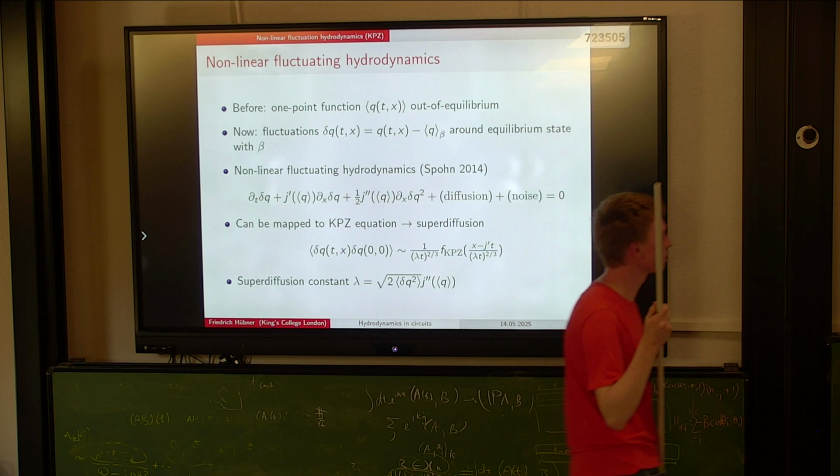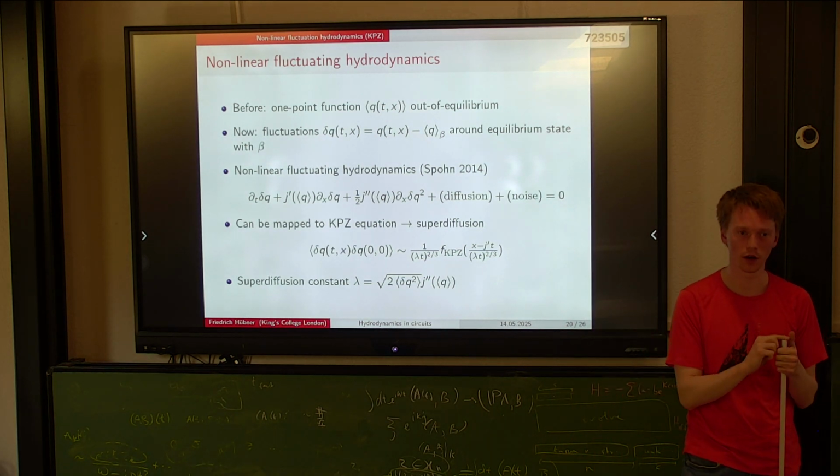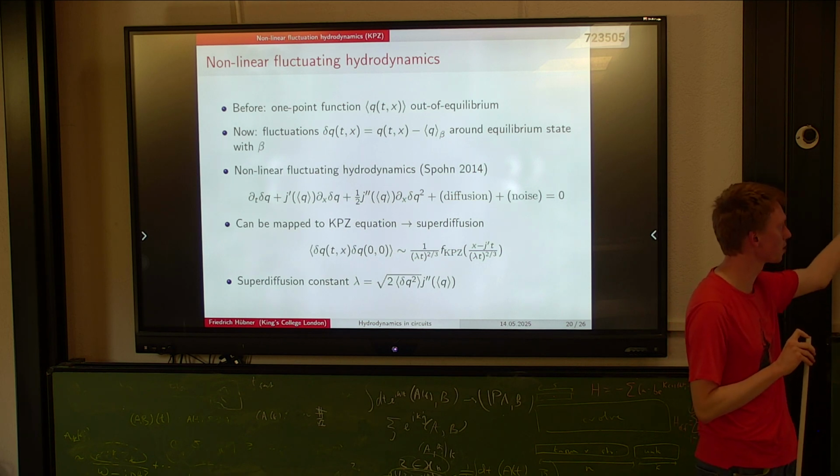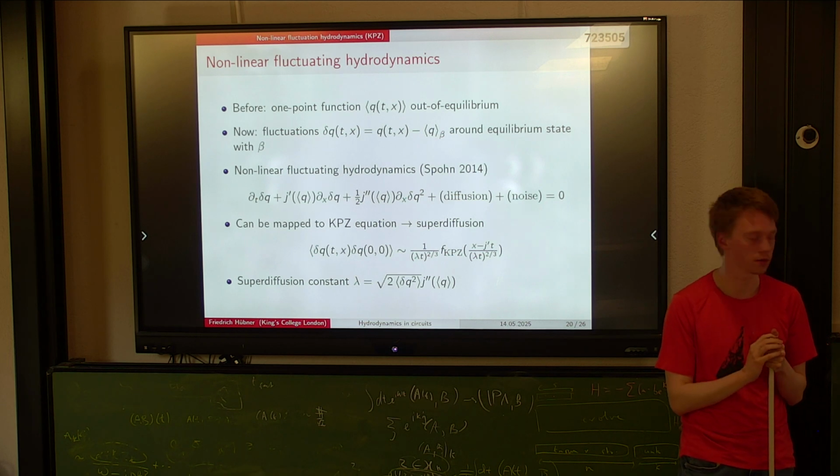Okay. So before we studied one-point functions out of equilibrium, and now we can also apply hydrodynamics to fluctuations around an equilibrium state, so correlation functions in an equilibrium state.